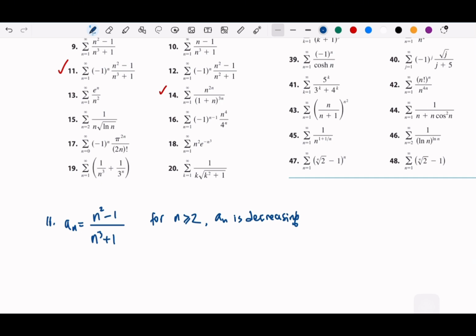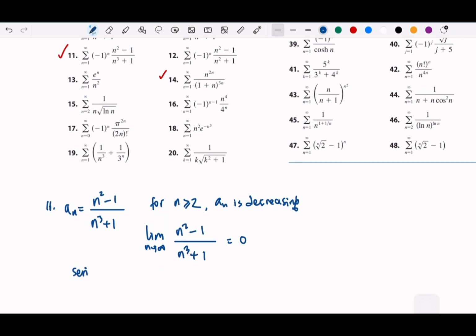And then the limit for this a_n, let me just write 0, okay, directly. And it's true, right? So this will be convergence. So the series is convergent by alternating series.